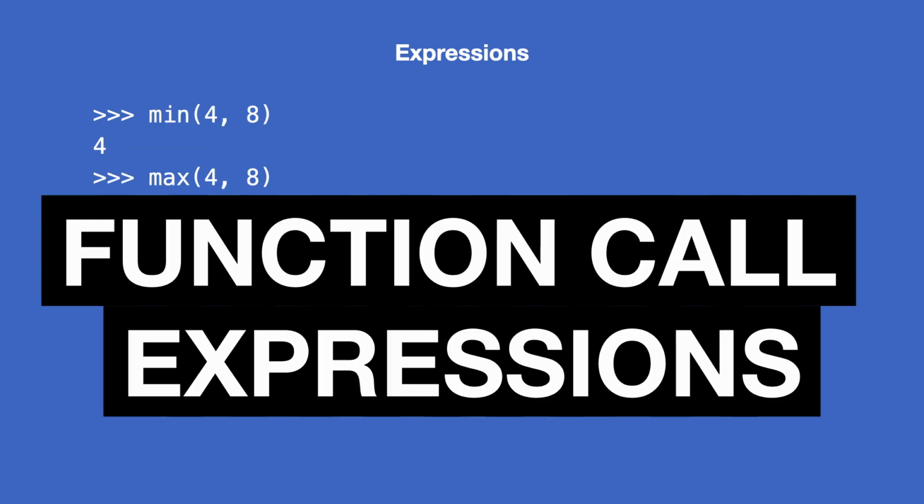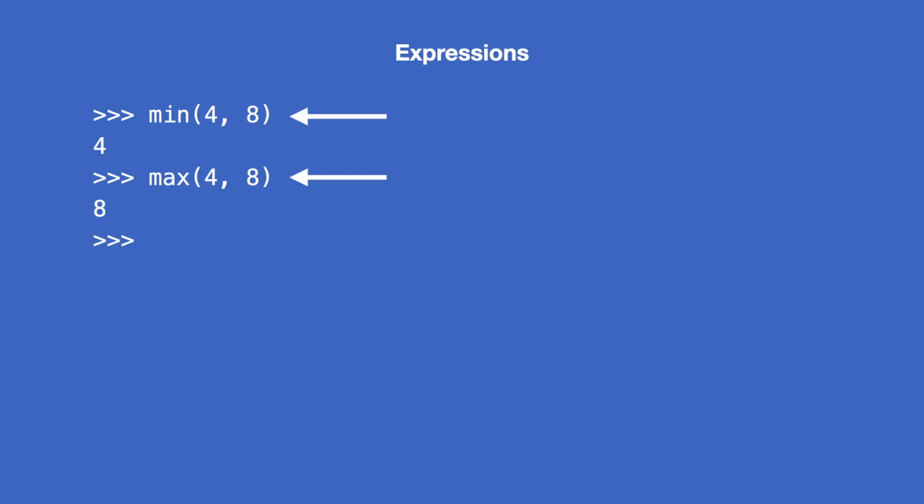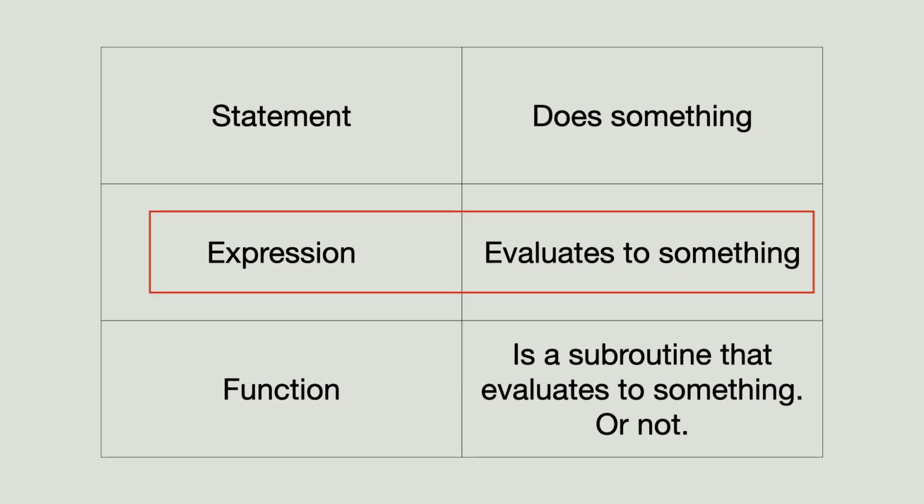There are also function call expressions, like calling built-in functions min and max. They evaluate to values as well. So expressions evaluate to something. For this, they might do something first, like adding two numbers or call a function. But the result is a value that can be used later on.